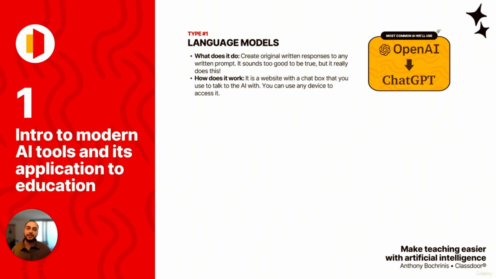You type into this chat box anything you want, and the AI will respond with a written output. For example, I type in, write me an essay on apples, the AI will give me a response, but not the quality that we want. Remember, it's about detail and it's about clarity. This is the most common and the most powerful one that we can use in our industry as teachers.